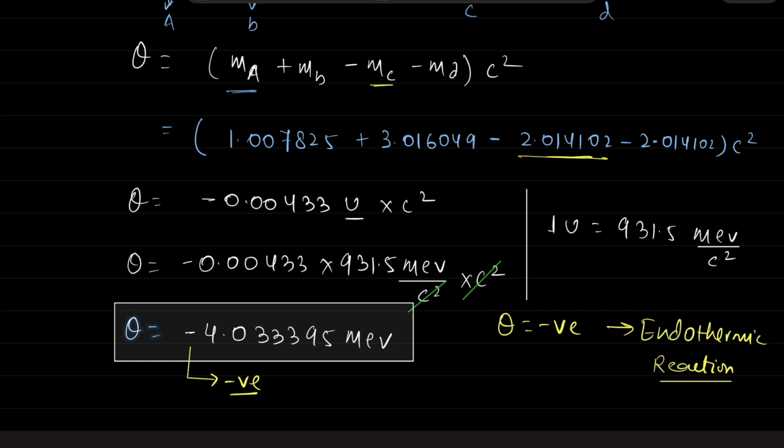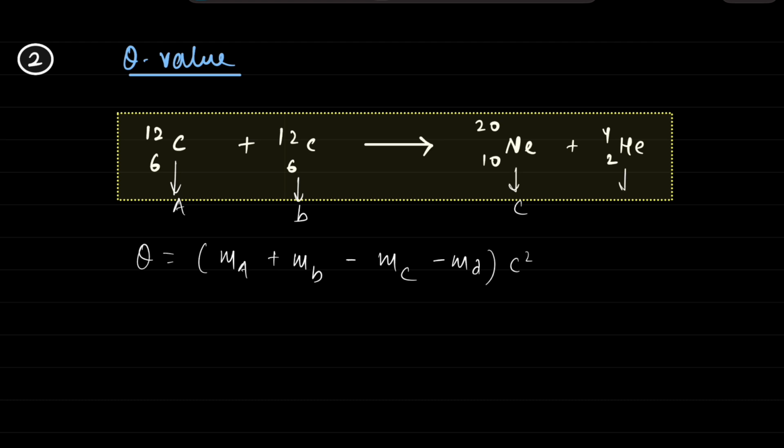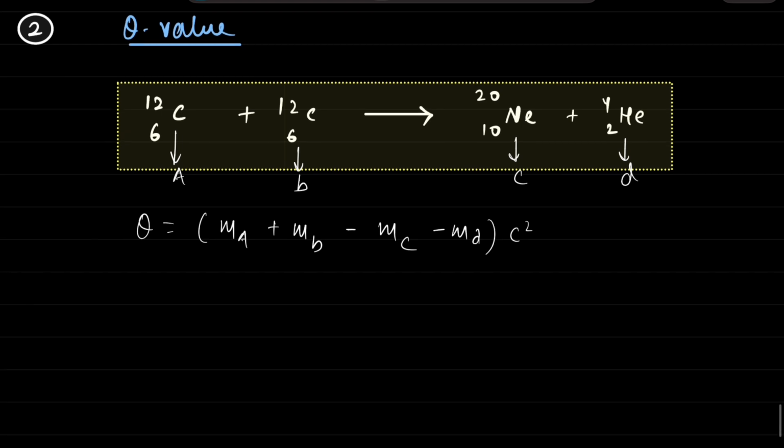Let's try the second reaction in the same way. In the second part, here is our reaction given and we have to follow the same method as we did for the first example. So Q is equal to mass of A, this is our A, plus mass of B, here is the B, minus mass of C, minus mass of D, into c squared. This is C, here it is D. So let's substitute the mass of carbon 12.